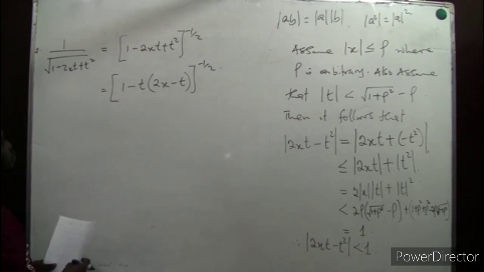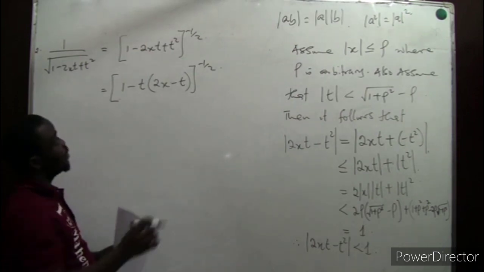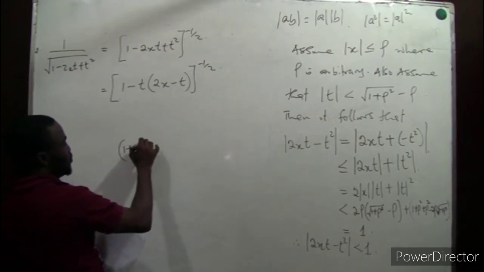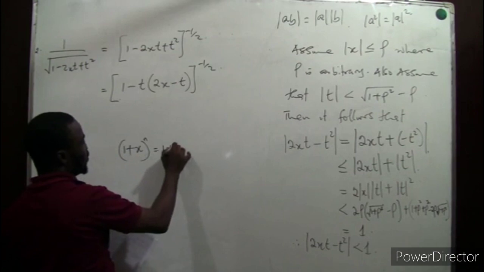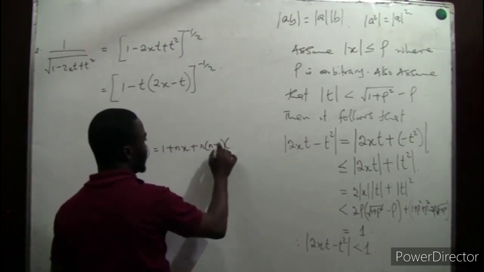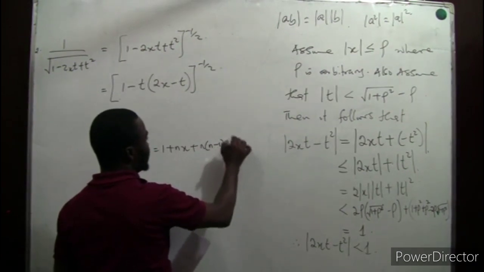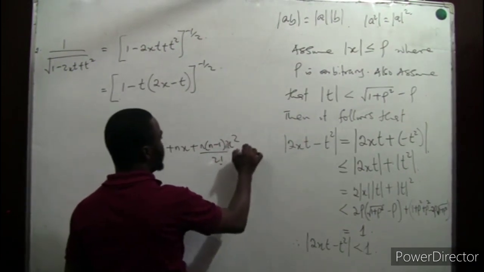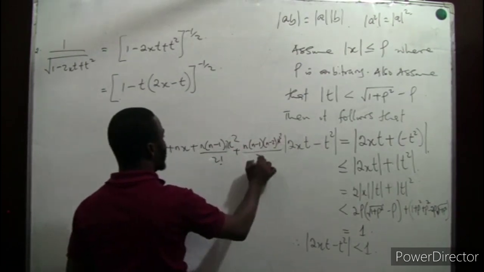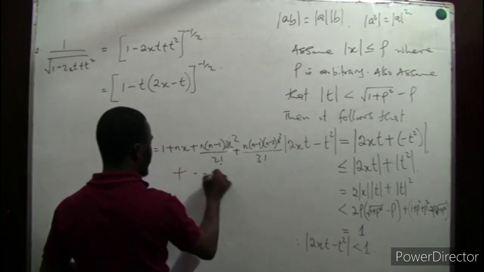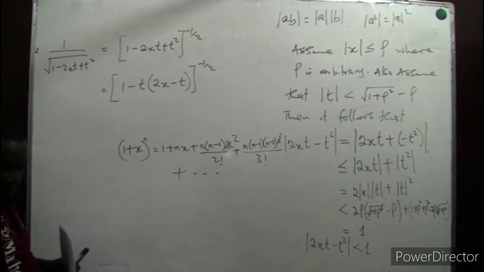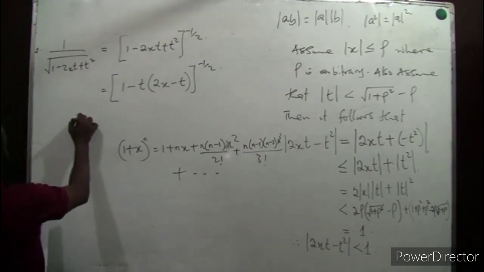By binomial expansion, of course, we know that 1 plus x raised to power n is 1 plus nx plus n into n minus 1 x squared over 2 factorial plus n into n minus 1 into n minus 2 x cube divided by 3 factorial, plus it continues. Now using these facts, we are going to generate the following result.